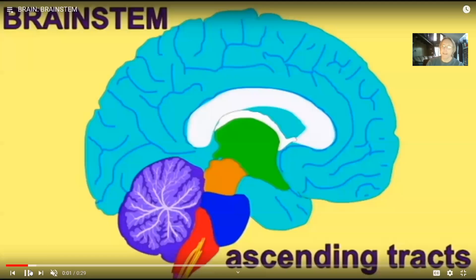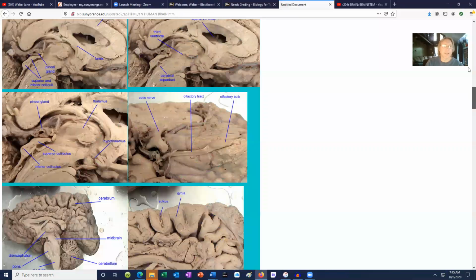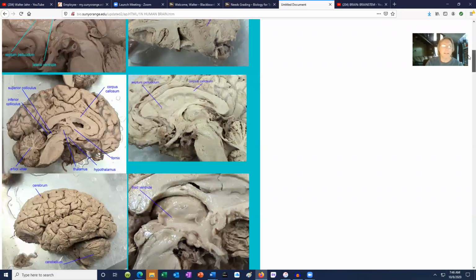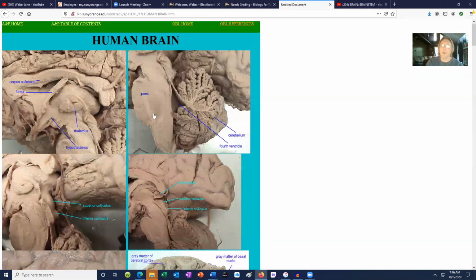First off, if you look at their color in a straight bisection, you'll notice that many of these regions have a lighter color. For example, the medulla, the pons, and the midbrain are largely composed of white matter.